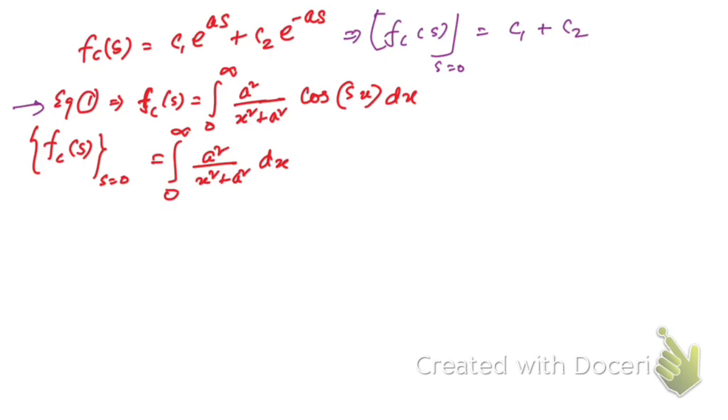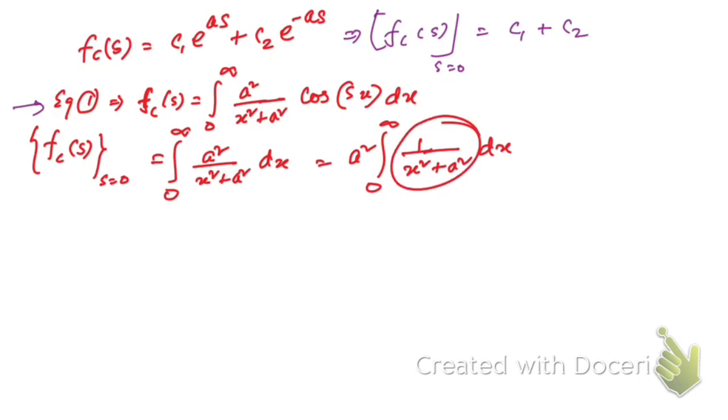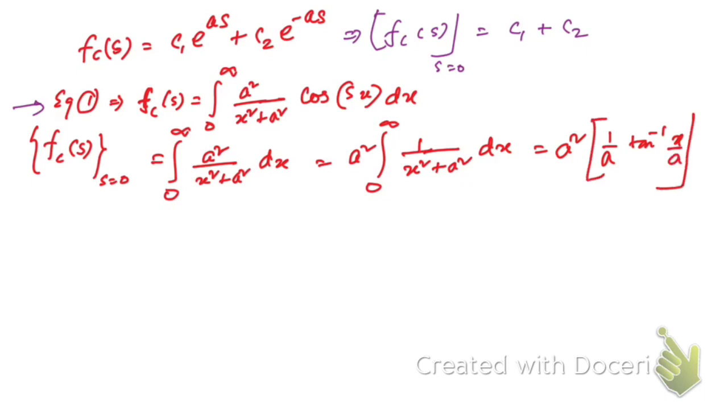This a square is taken outside, the integral 0 to infinity of 1 by x square plus a square dx, and the integration of this is nothing but a square times 1 by a tan inverse x by a, with limits 0 to infinity.